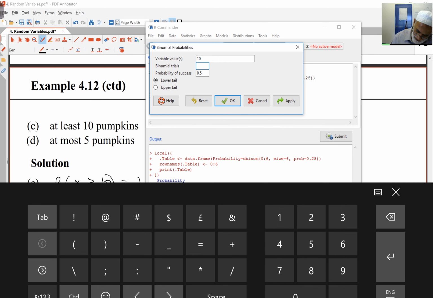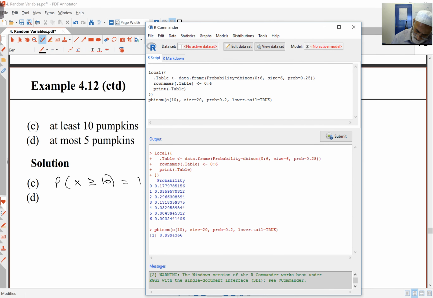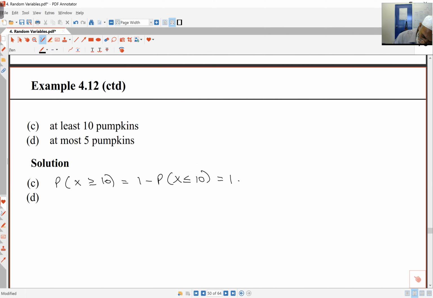And the number of trials here is 20. And the probability here is 0.2. So I get probability as 0.9994. In other words, almost surely I will not get at least 10 pumpkins.